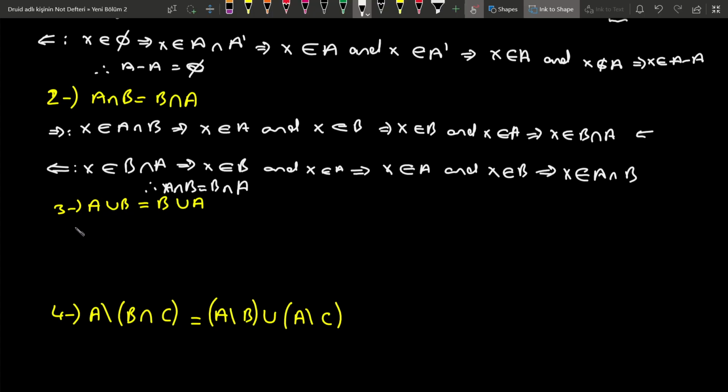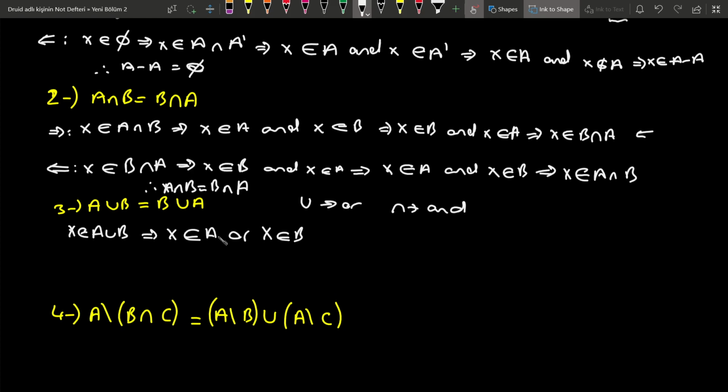We can do the same thing for union. X belongs to A union B. So X belongs to A or X belongs to B. Be careful. For union, as we said in the last video, we use OR. For intersection, we use AND.